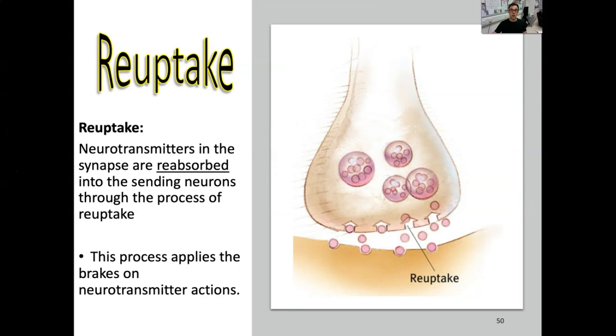Now, the last process we're going to talk about in this synapse is reuptake. So once the neurotransmitters bind to a receptor site, key and lock, the key is going to be the neurotransmitter. The lock is going to be right here. The receptor site has to fit hand in glove for that message to be able to pass on and be communicated. Some molecules will be left in that gap. So this is called reuptake.